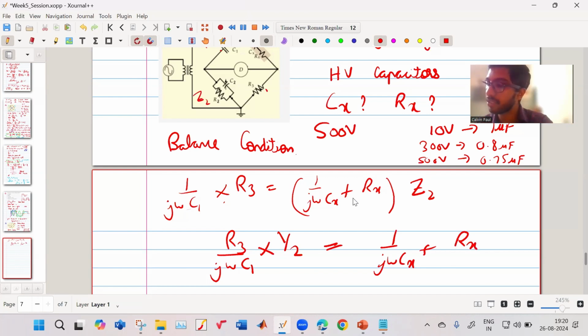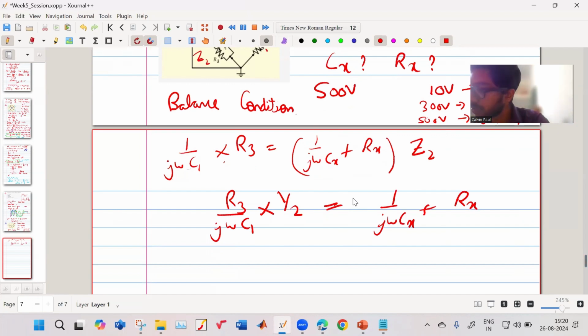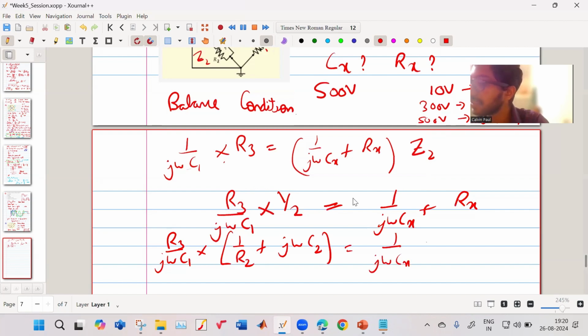So what will be the admittance Y2? That will be R3 upon j omega C1 equal to Y2, which is 1 by R2 plus j omega C2, and this is equal to 1 upon j omega Cx plus Rx.